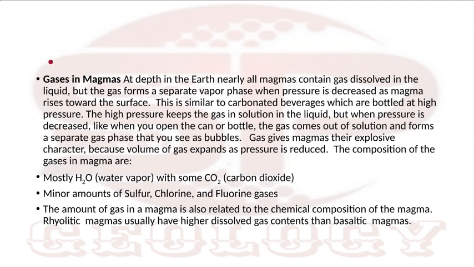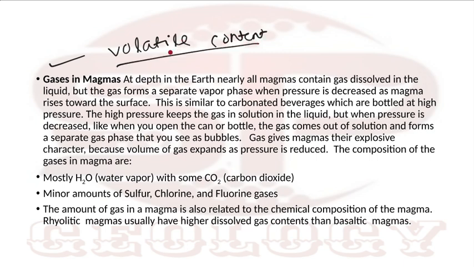Then what are the gases that are present within the magma, or what we'll call volatile content? Remember there are many volatile contents. Among the volatile content, H2O is the most abundant one, about 90 to 95%.